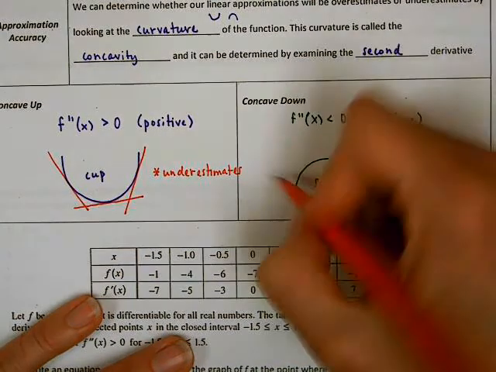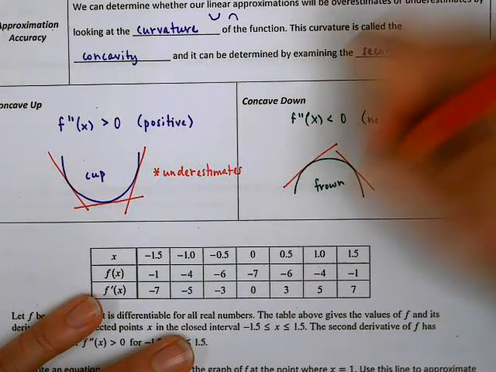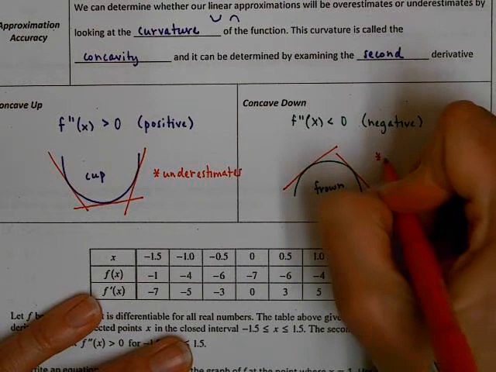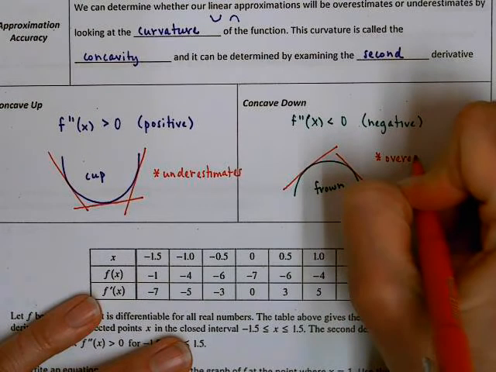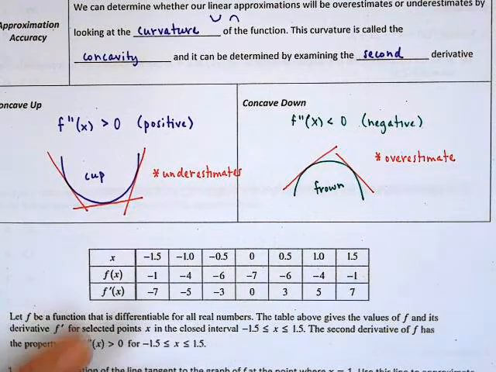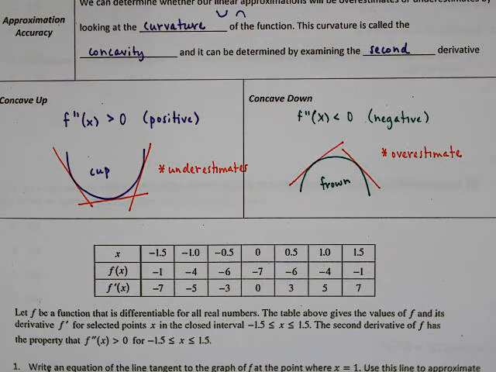In this case, if I were to sketch in my tangent lines, they're all going to lie above that curve, so any estimate we make would be an overestimate. And so we're going to use this in problems to analyze whether our estimates are over or underestimates without actually knowing the function value itself.